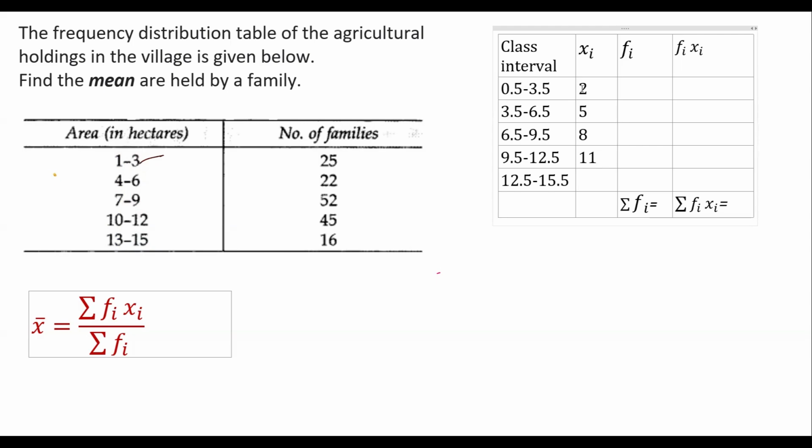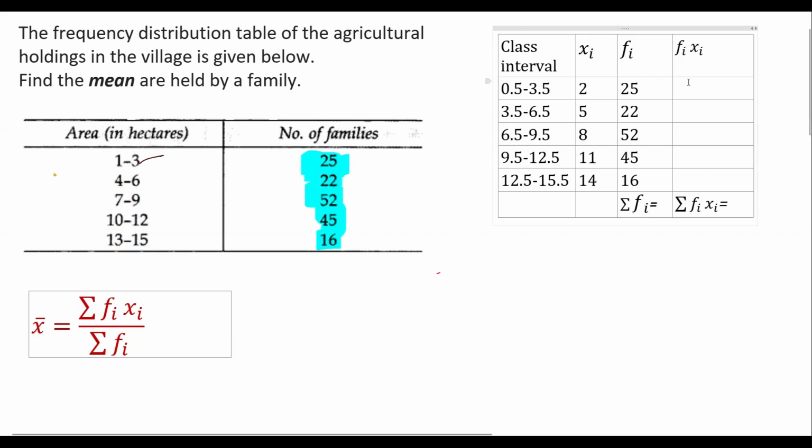Similarly, 12.5 plus 15.5 is 28, divided by 2 is 14. The frequency remains the same and will not change: 25, then 22, then 52, then 45, and finally 16.